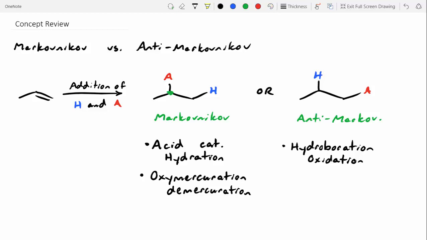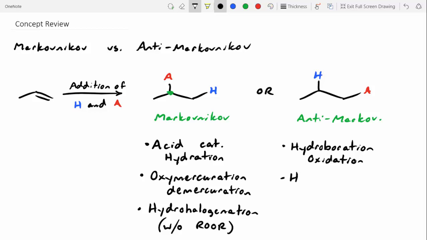It's halogenation, so we just use hydrobromic acid, so we could do hydrohalogenation. Specifically, without peroxides. That means we could do the anti-Markovnikov addition with peroxides.